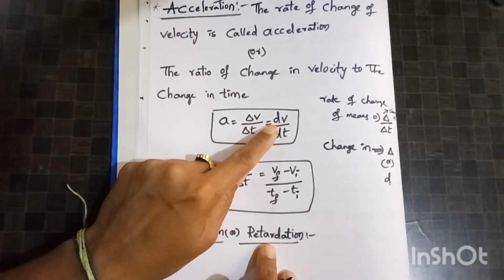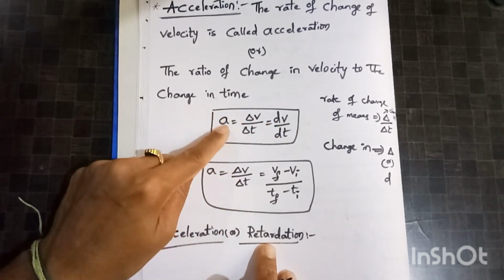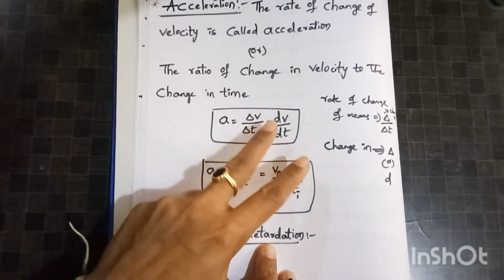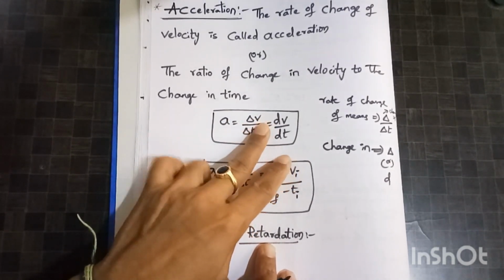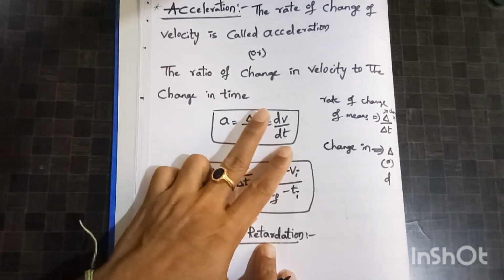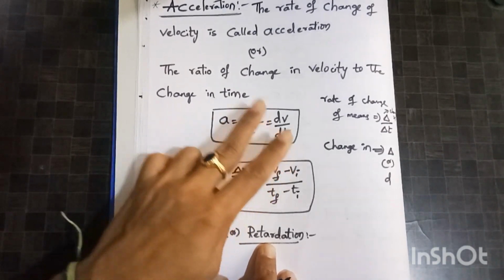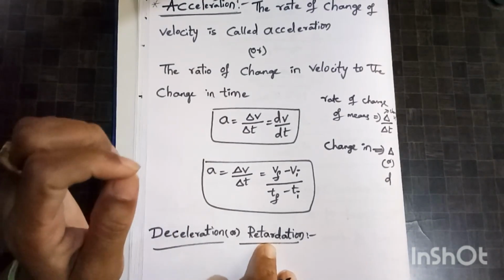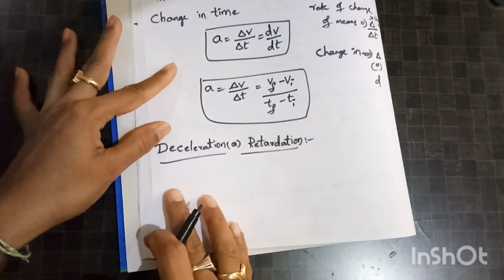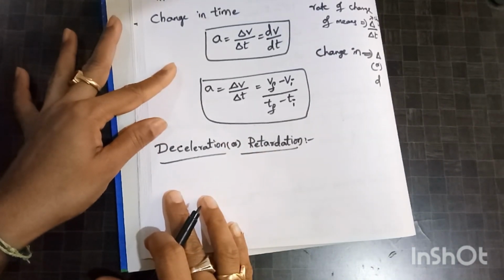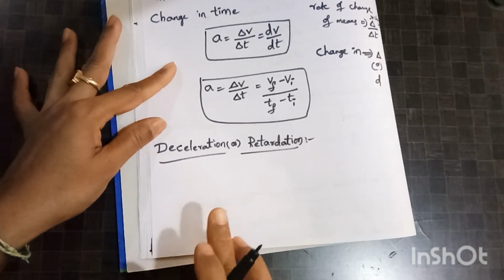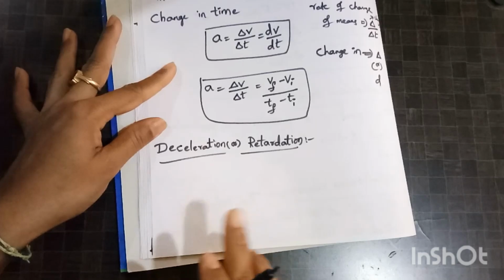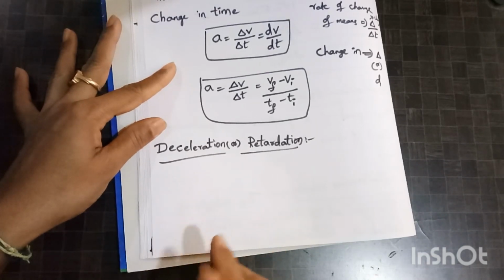If velocity changes, then there is a change in acceleration also. Suppose velocity is decreasing with time, then the acceleration becomes negative. That negative acceleration is called deceleration.